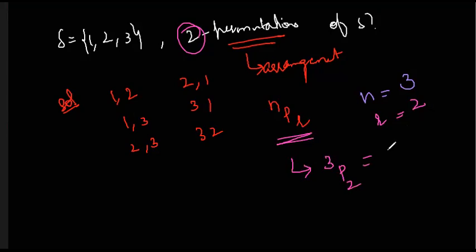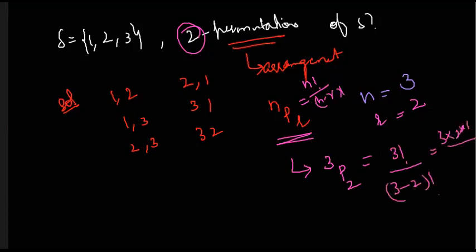If you remember the nPr formula, it was n factorial divided by (n minus R) factorial. So 3P2 will be 3 factorial divided by (3 minus 2) factorial, which is 3 into 2 into 1 divided by 1 factorial, which is 1. So there are totally 6 arrangements, which we have seen over here. These are the 6 arrangements possible with this 2 permutation.